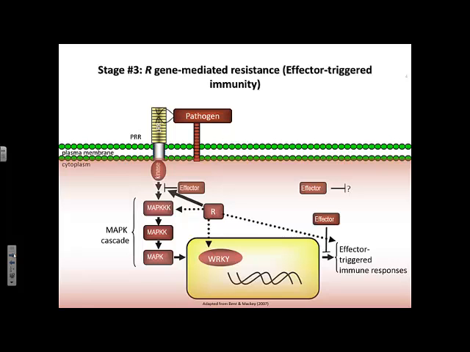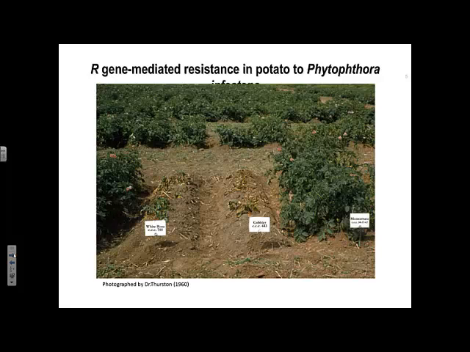The hallmark of these effector-triggered immune responses, a lot of the time, is that they accompany a programmed cell death known as hypersensitive response. So the next slide shows how effective this R gene-mediated resistance can be.